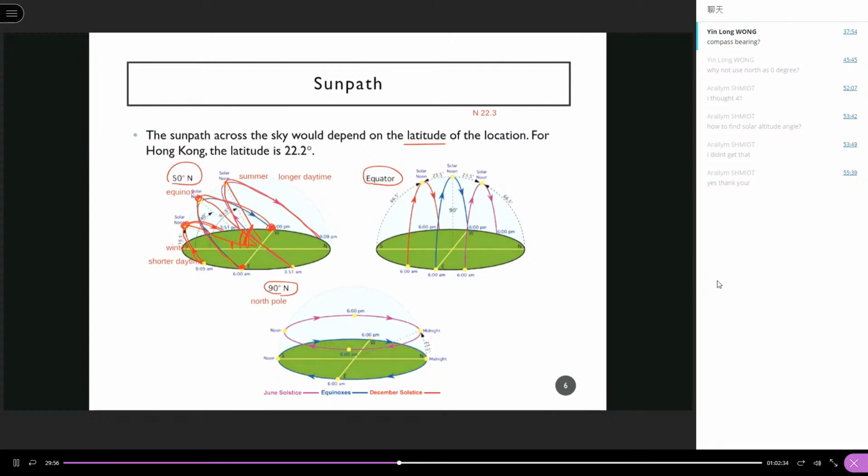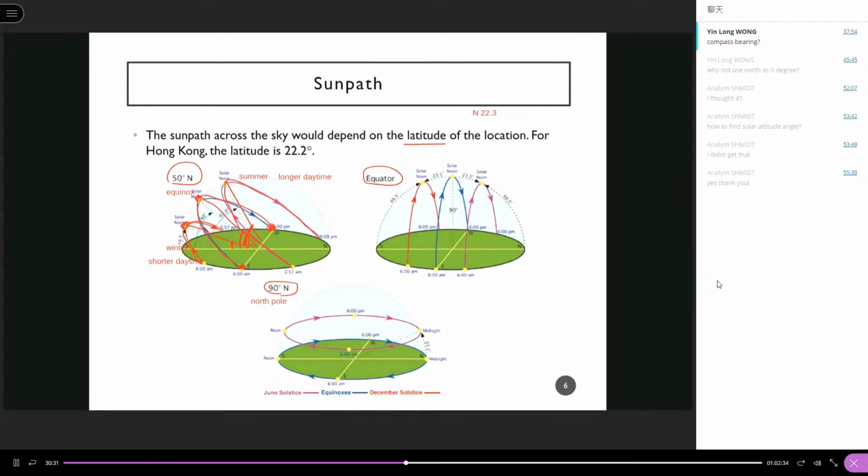How about at the equator? If you're at the equator, once again, we have the winter and the summer sunlight. So whether it is summer or winter, because for the equator, we don't have a very clear change of climate.